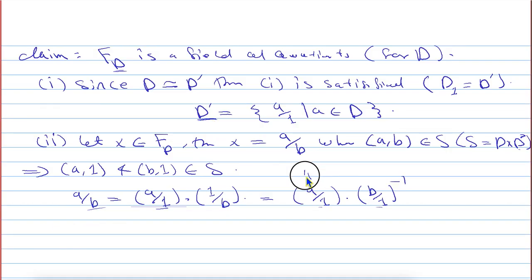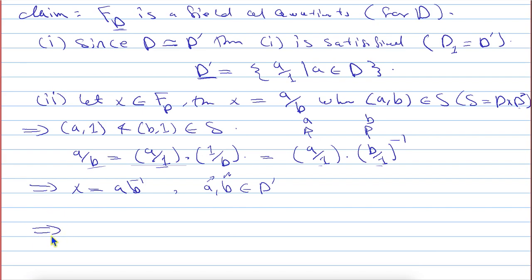So if we identify A over 1 with A and B over 1 with B, then we can write x as A B inverse with A and B in D prime. And therefore, F sub D is a quotient field for D.